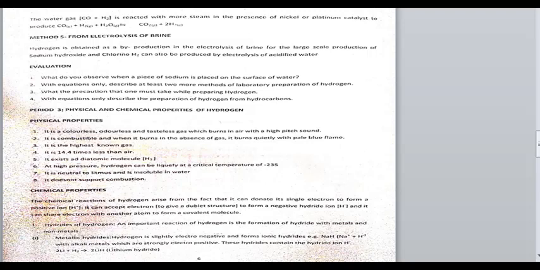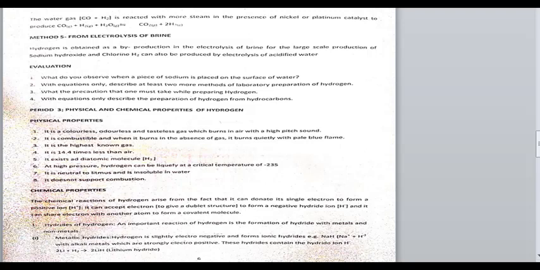Hydrogen is the lightest substance known. It is the lightest gas known. And initially I told you it exists as a diatomic molecule.